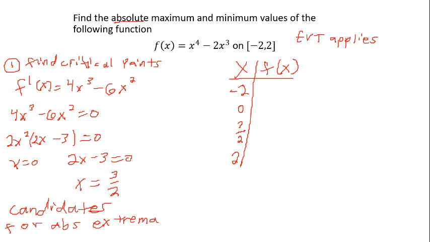Whichever point has the smallest y-coordinate is the absolute minimum. At this point, you can either evaluate this by plugging them all in, or you can generate a function on a graphing calculator, whichever. And then you're going to evaluate each of these.